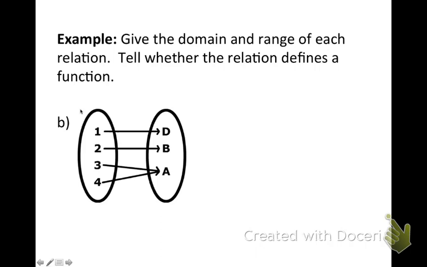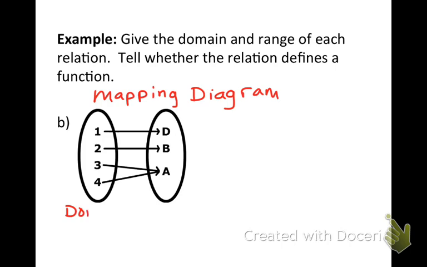Alright, so we talked about domain and range. There's another way that you could possibly see functions, and this is called a mapping diagram. So if you see a function or a relation as a mapping diagram, your domain values are going to be on the left side bubble, and your range is going to be on this right side bubble.